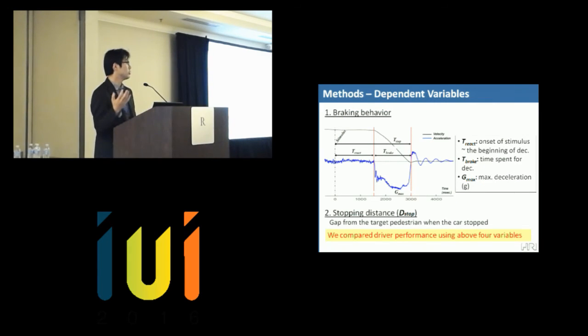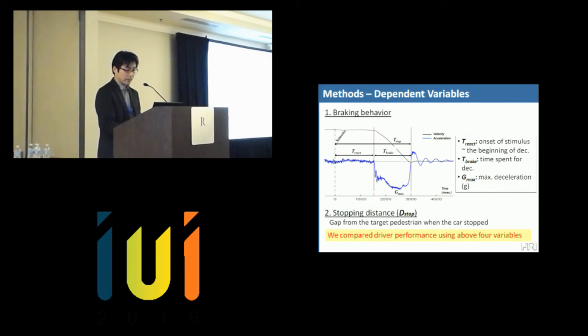And we conducted a user test using 16 test drivers, and we measured these variables. The first analysis target is braking behavior. This graph shows the user's vehicle speed, and this is acceleration. Time zero is the moment the pedestrian appeared, and as you can see, there is a large drop in acceleration, meaning the driver started braking.